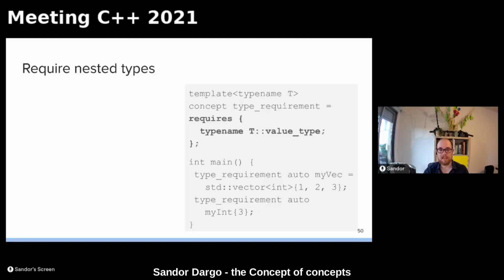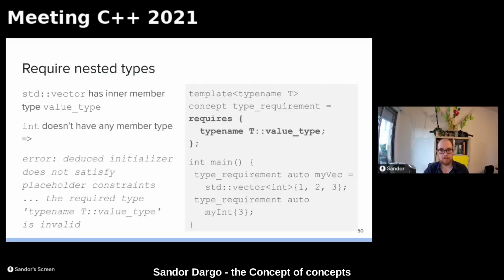Don't forget the typename there. And in the example, you can see that this compiles with a vector, because a vector does have a value_type, but it doesn't compile for the integer because it doesn't have any member type. So the deduced initializer doesn't satisfy the constraints. That's the error message you get. I shortened it a bit, but it tells you that typename T::value_type is invalid for an integer.